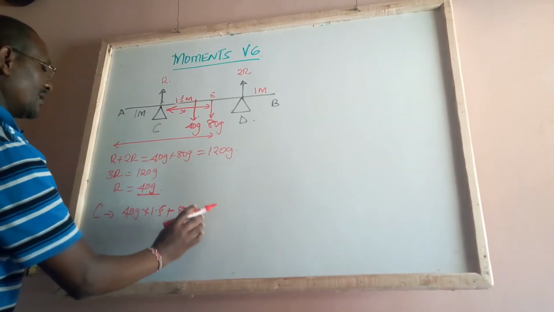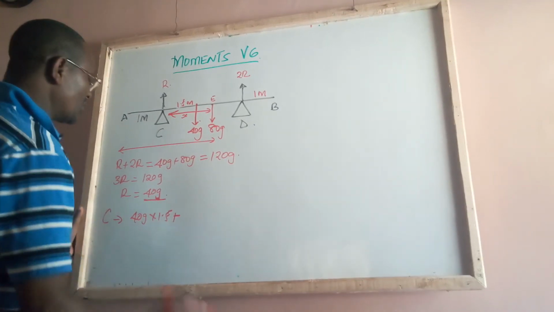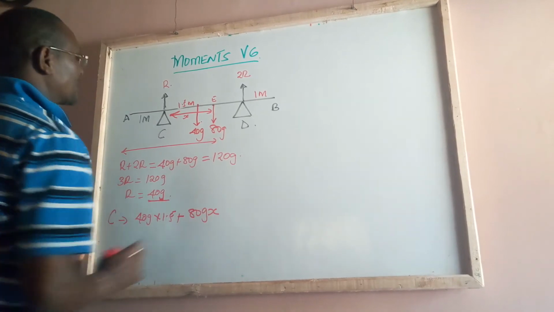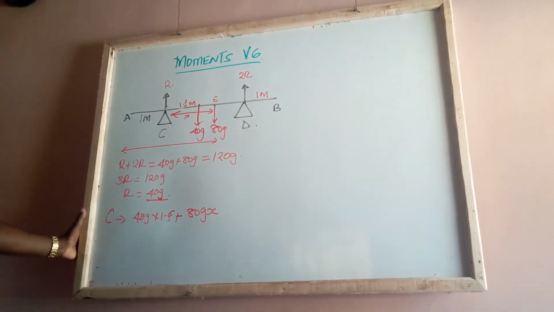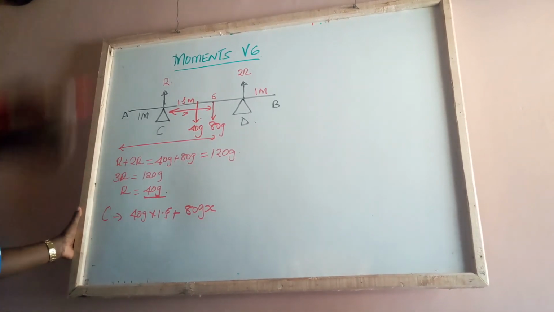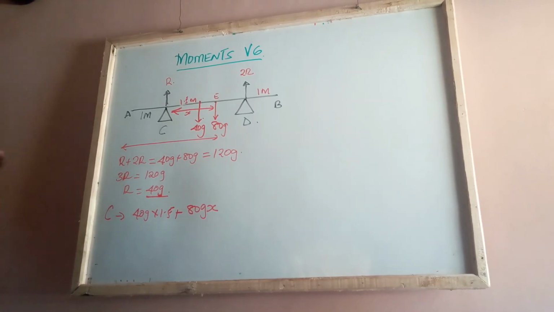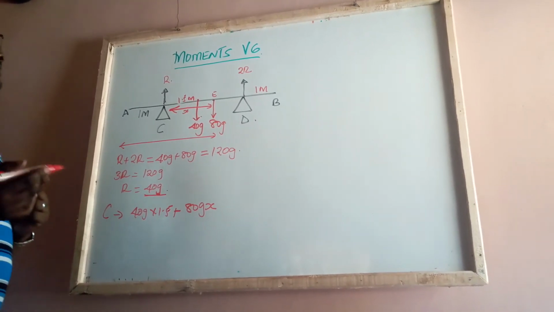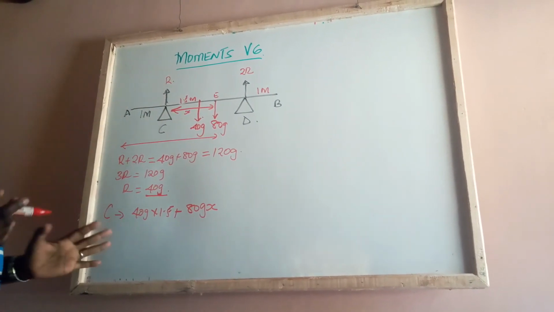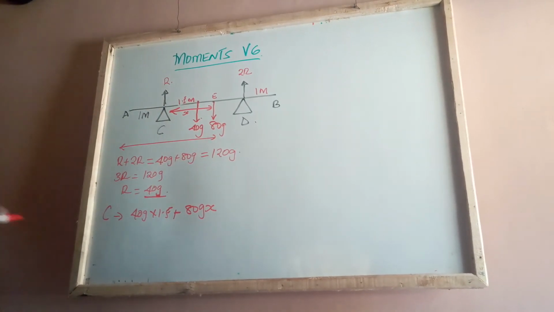So 80GX. And because the beam is in equilibrium, it must be equal to the entire anticlockwise moment. Before we go to getting the anticlockwise moment, the moment about C due to R is absolutely 0 because the distance is itself 0.